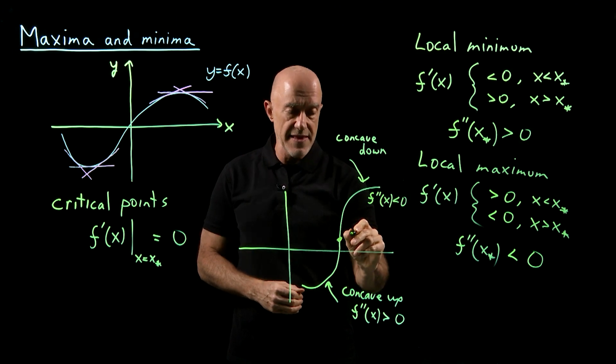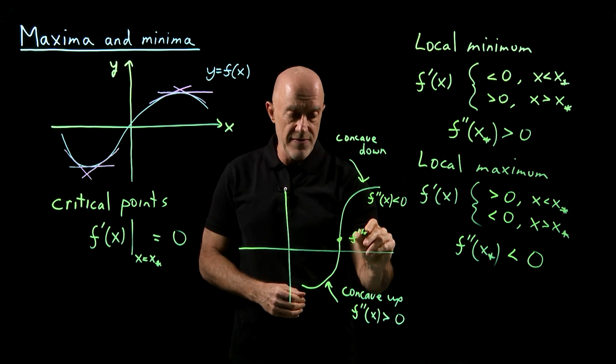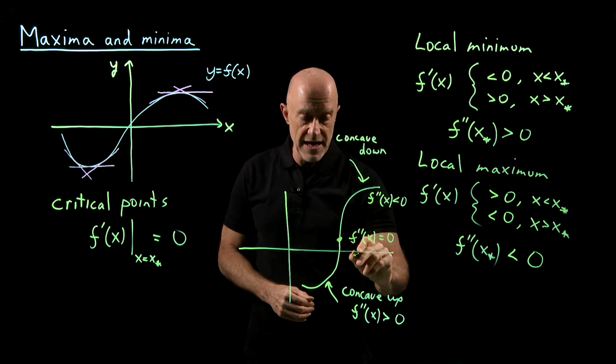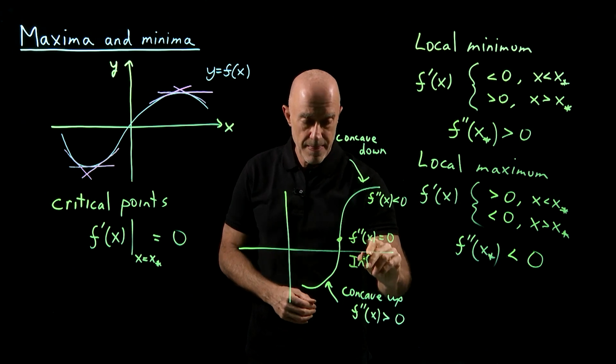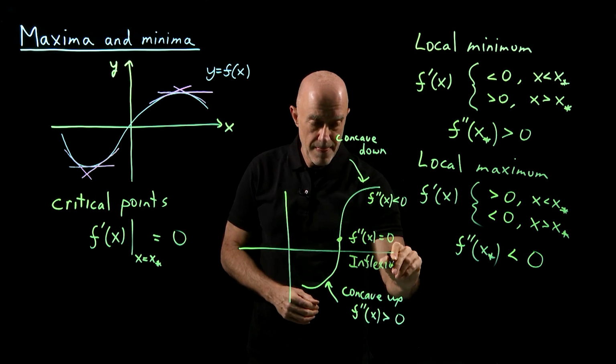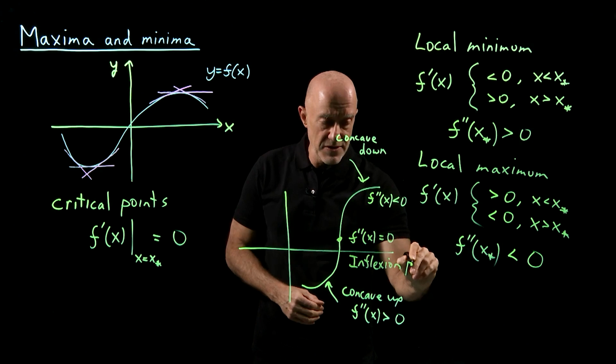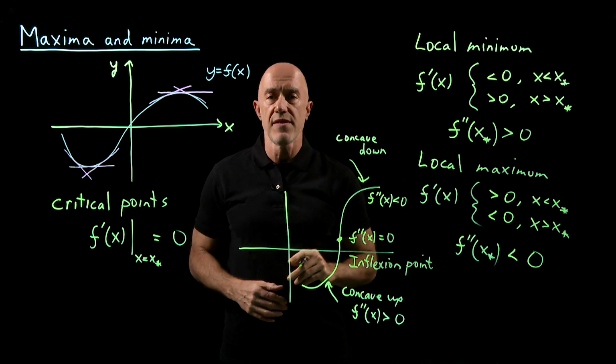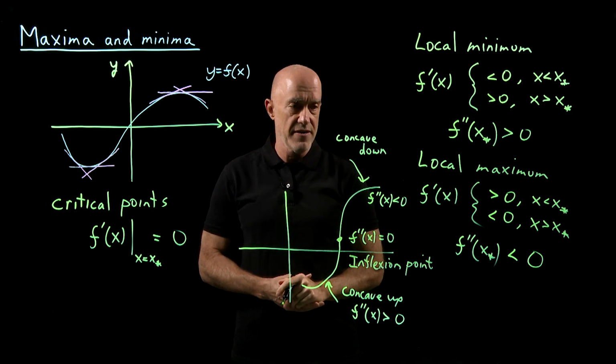And exactly at that point, the second derivative is 0. And that point is called an inflection point. Sometimes that's useful when you're graphing a function to know where the inflection points are.